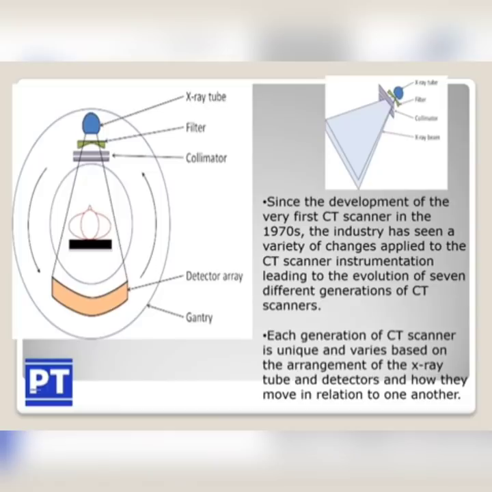Since the development of the very first CT scanner in the 1970s, the industry has seen a variety of changes applied to the CT scanner instrumentation, leading to the evolution of 7 different generations of CT scanners.